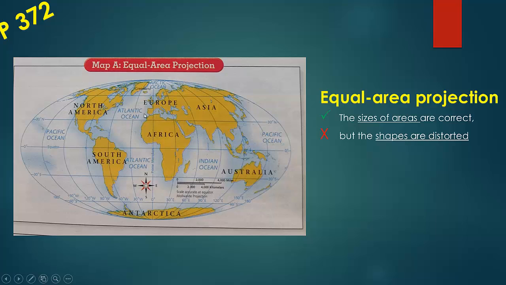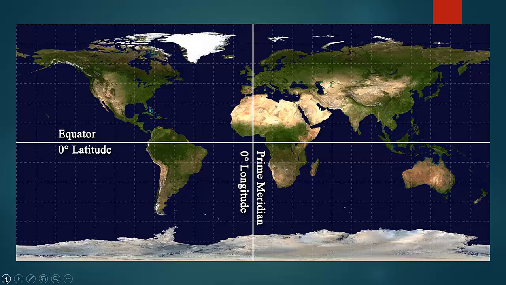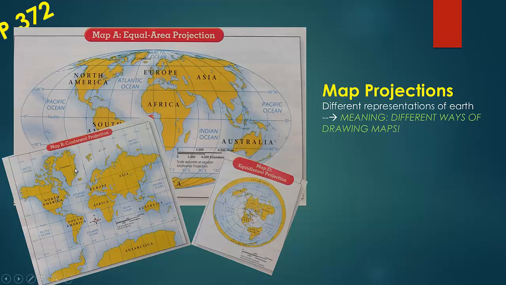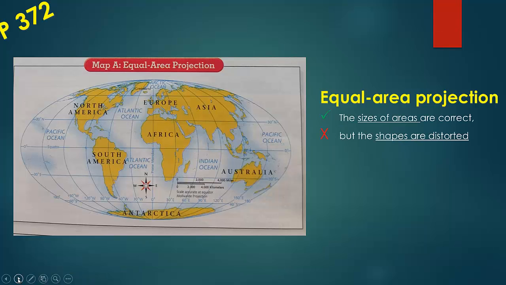So Africa is this size, North America looks like it's the right size, South America looks like it's the right size. But the shape of North America isn't right. If I go back here, see? Shape of North America, shape of North America. The shapes are different. So that's an equal area projection.